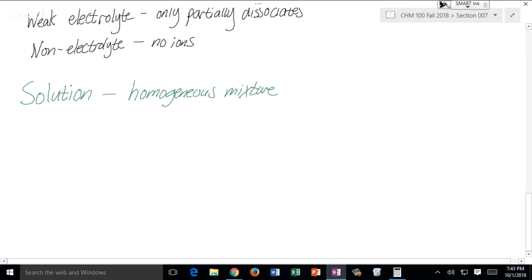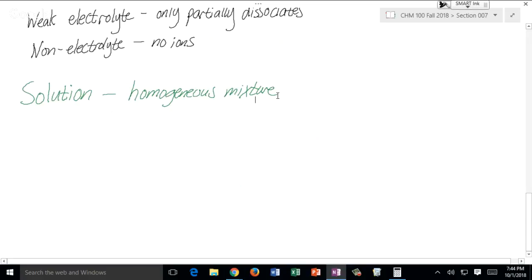And in general, the word solution is used to mean that that is true all the way down to the molecular level, so that if you have sugar in water, let's say, you have pretty much individual sugar molecules surrounded by water. And so that means you could never actually see the different domains, even with powerful microscopes.